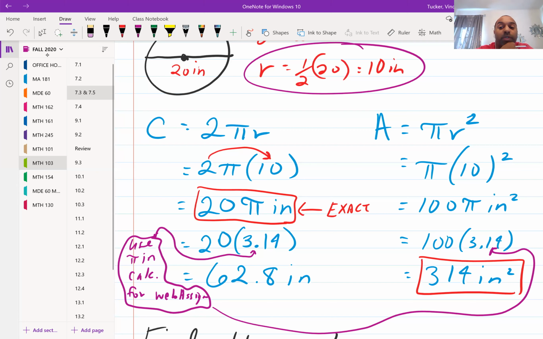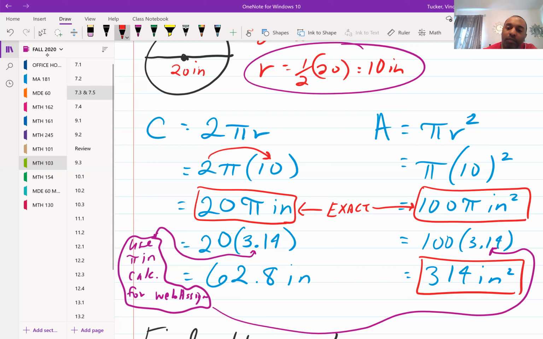Now for the area, we're going to follow the same process, just a different formula. So that's pi times r squared. R is 10. So 10 squared is 100. So 100 pi is going to be the exact.